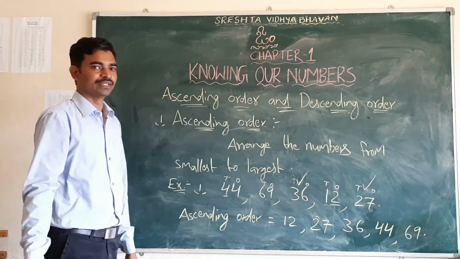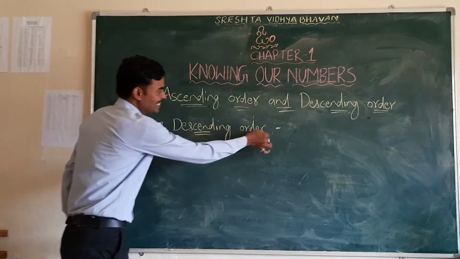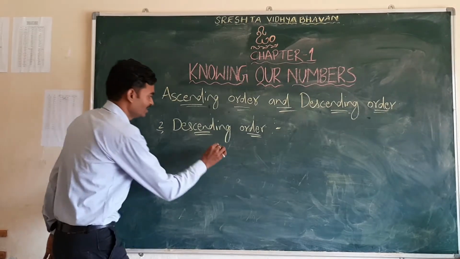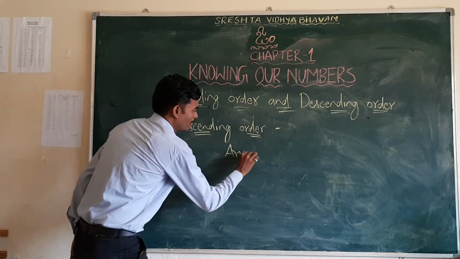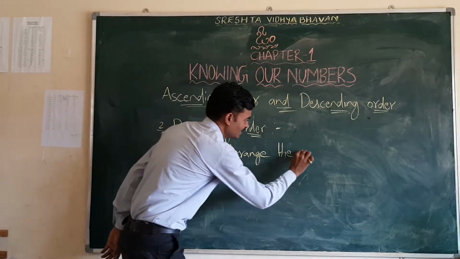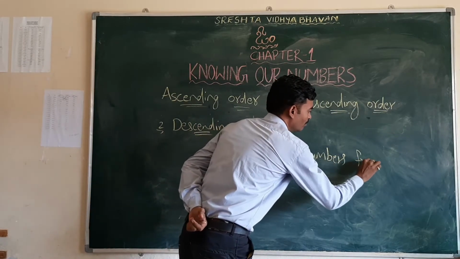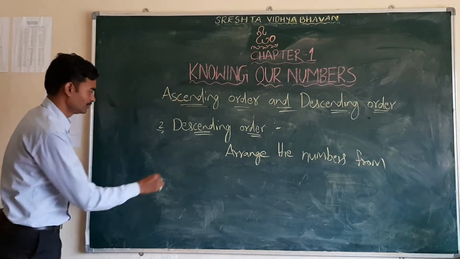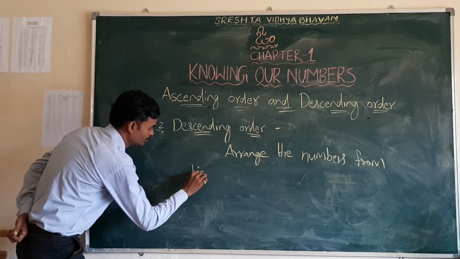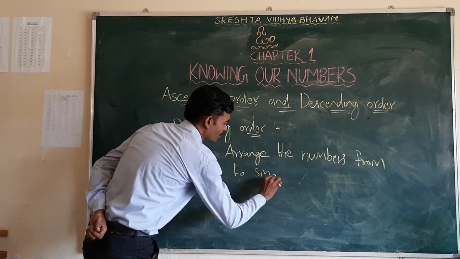Now we will discuss the descending order. Then second one is the descending order. The definition of descending order is: arrange the numbers from biggest to smallest.